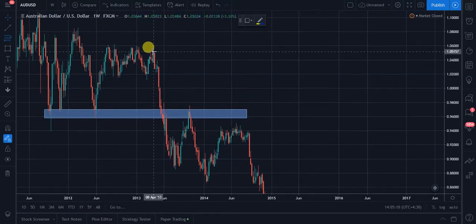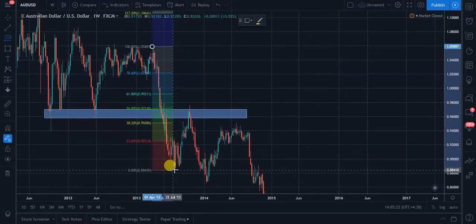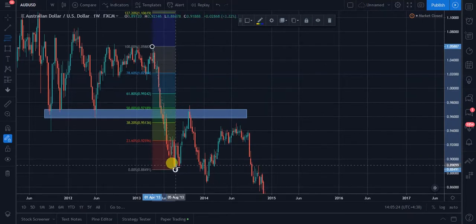As I said in the other video about Fibonacci retracement, we draw Fibonacci retracement in a downtrend from high to low. This is our last high and this is our last low. So for a downtrend we draw from high to low for Fibonacci retracement.